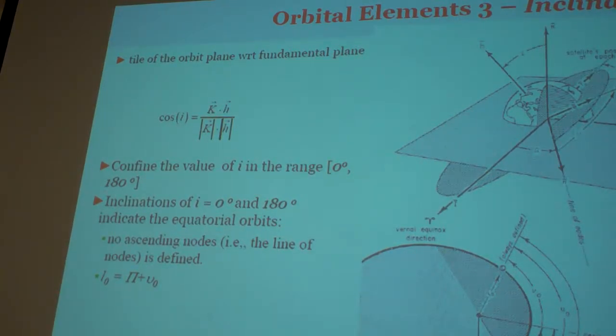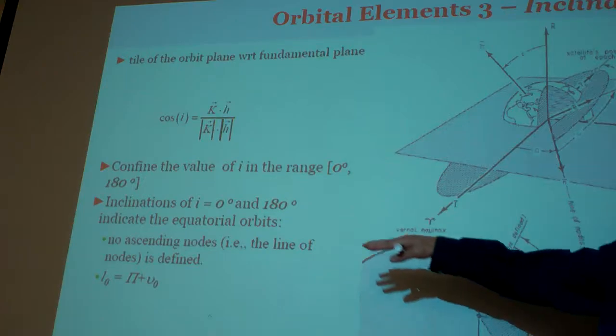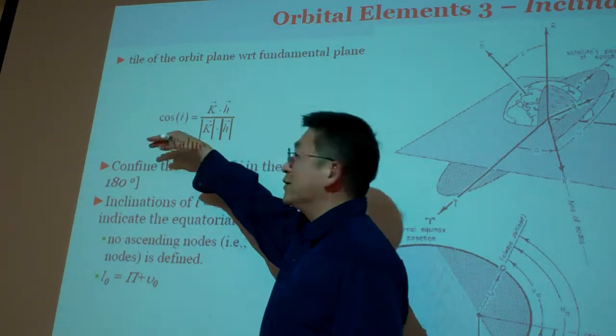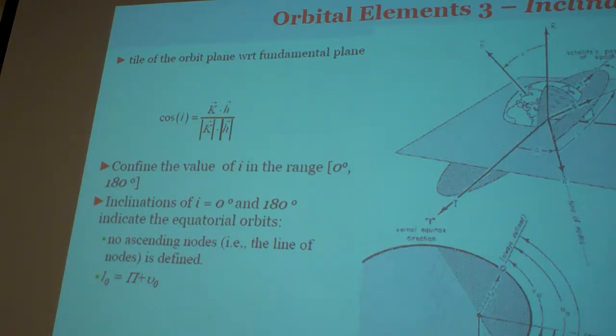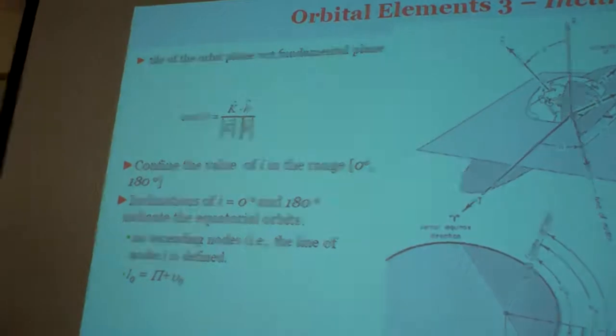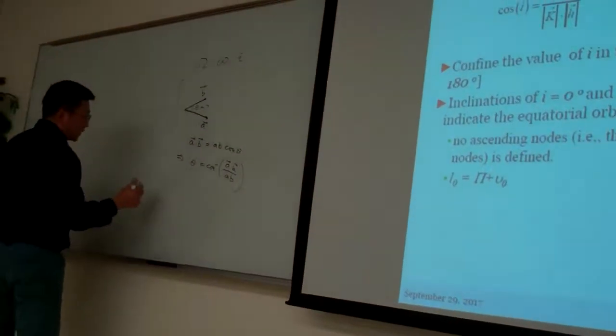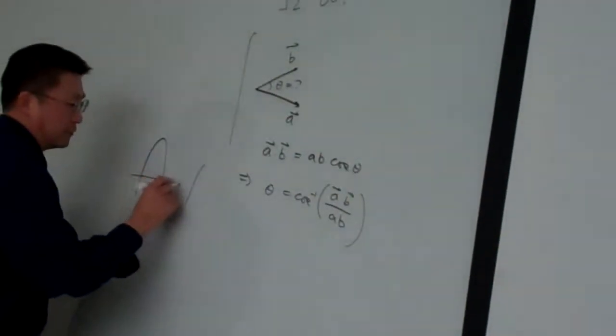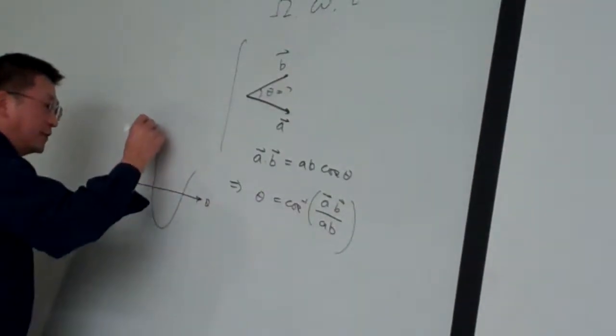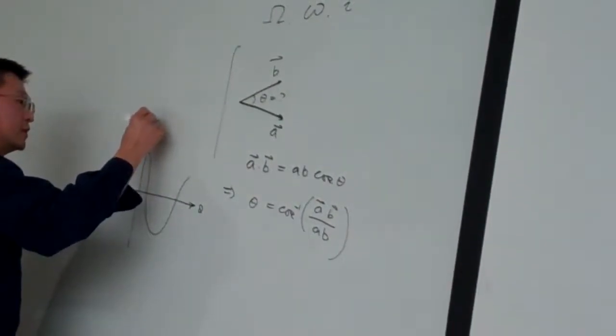No. If you only do this, then sometimes it will work, sometimes it won't. As I told you, once we have the cosine, this is theta, this is cosine theta.